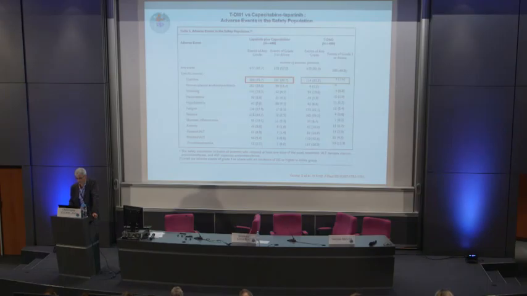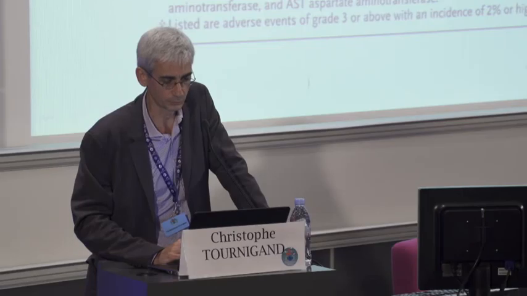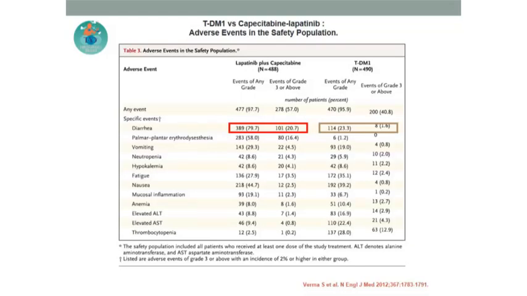With some HER2 inhibitors, you see that it's not negligible. So when you combine two drugs that can both cause diarrhea, which is the case in that study, you see that the incidence is around 80%, and for grade 3 or 4, we have 20% incidence rate for diarrhea. If we compare with the control group, there is still 1.6% of grade 3.